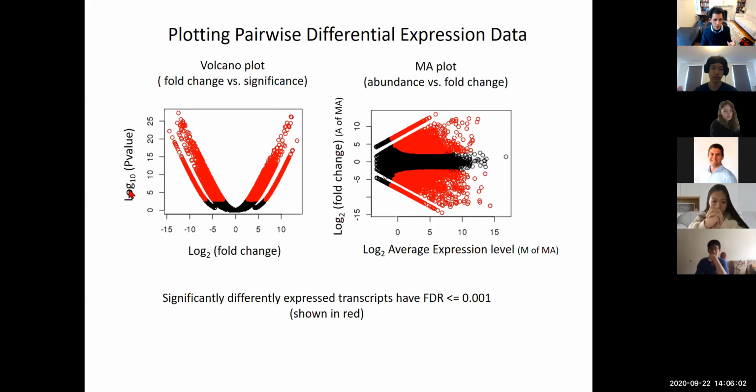So the confidence is given by the log 10 p-value of being wrong, and therefore the higher, the more confident you are. Obviously, you want to set thresholds to recognize something that is statistically significant, and possibly above a certain fold change. And if the fold change is too small, you simply never have confidence. That's why we call these volcano plots, because they're high on the sides and very low in the middle.